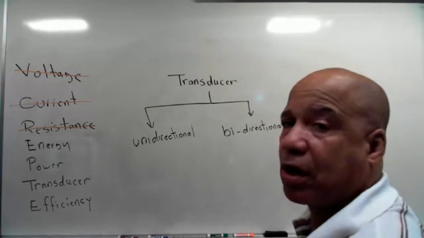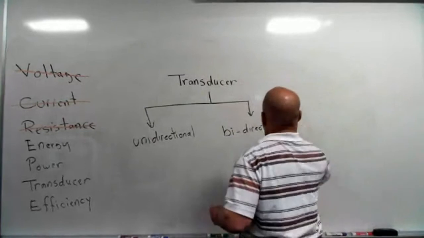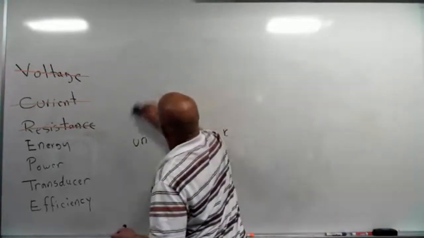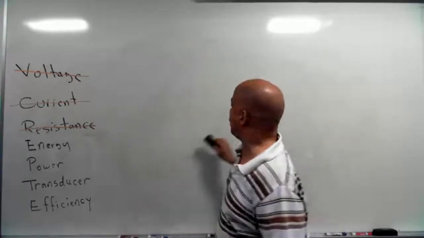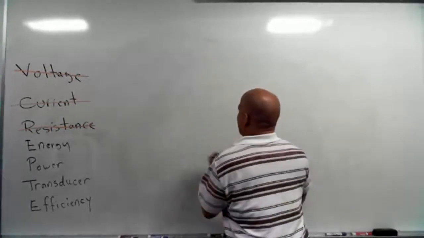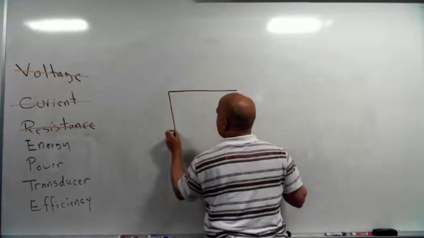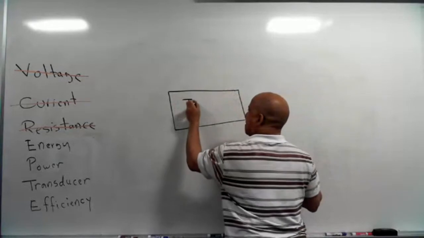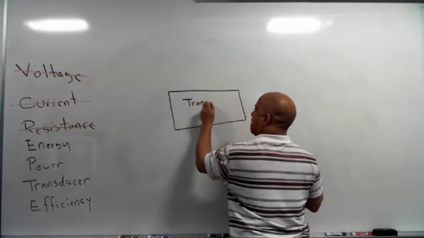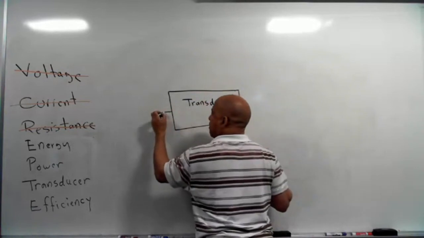Now, let's talk about a general transducer. It could be anything. It could be a motor, a speaker, whatever you want it to be. I'm just going to call it a transducer. So let's say I have a transducer. Here's the input.